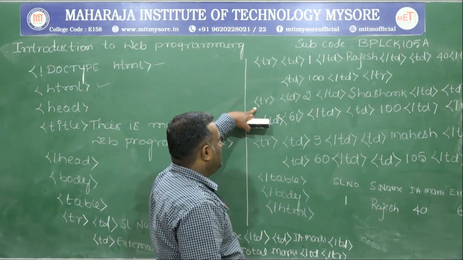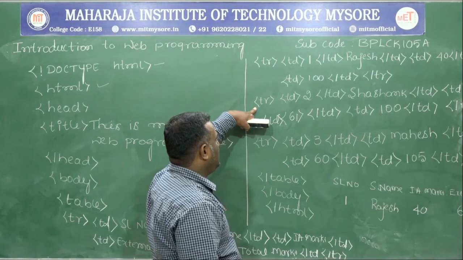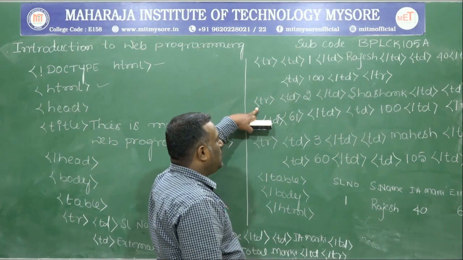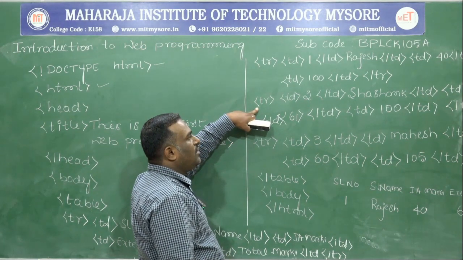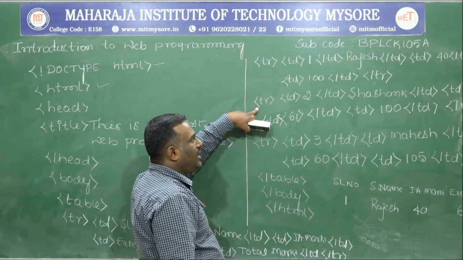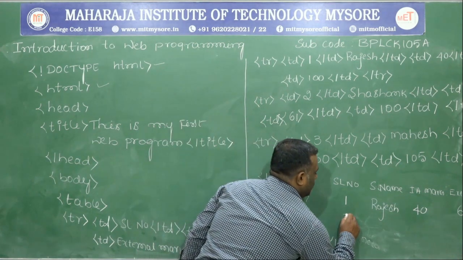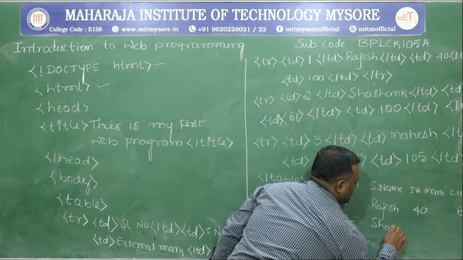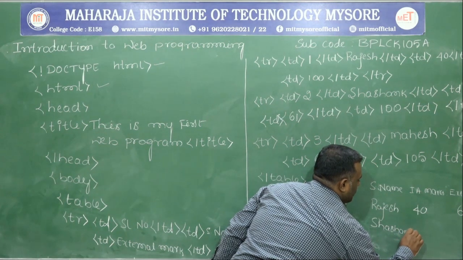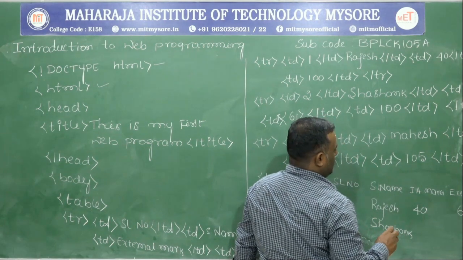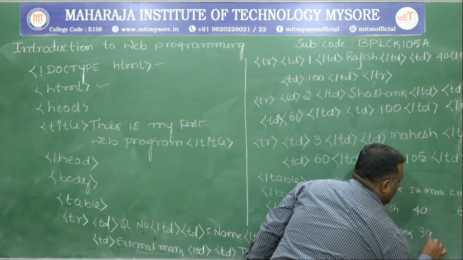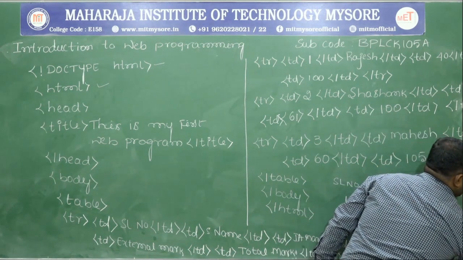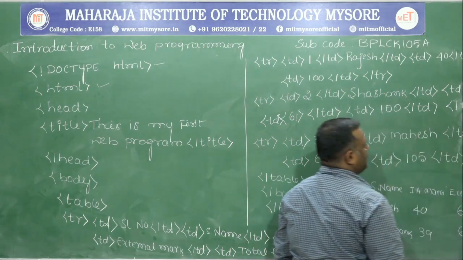Next, in the next TR tag, using this TR tag, you are going to insert the Shashank details into the table. The serial number is 2, the candidate name is Shashank. And then the internal marks 39, external marks 61, and next total marks 100.